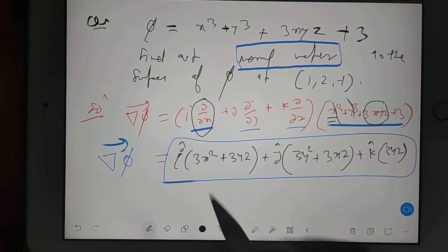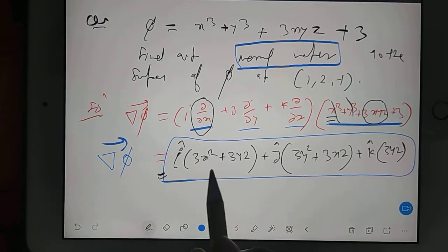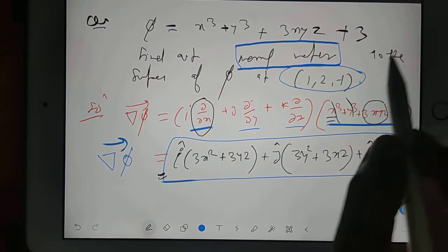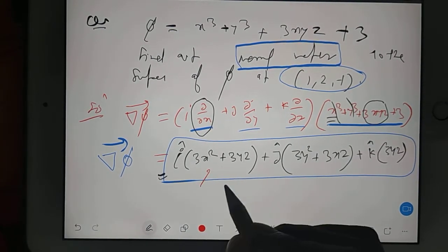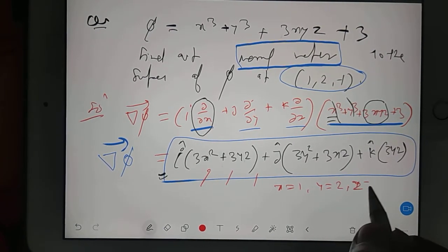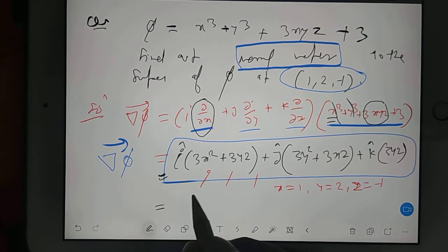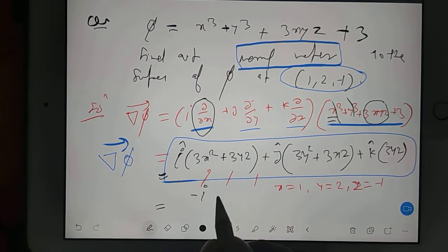But the problem is, this is a generalized form, and we have to find the vector at the location 1 2 minus 1. So substitute here x equal to 1, y equal to 2, and z equal to minus 1. After substituting that, you should get minus i plus 3j plus 2k.